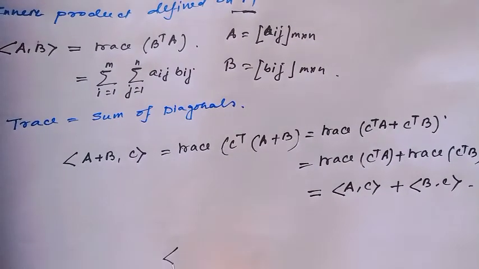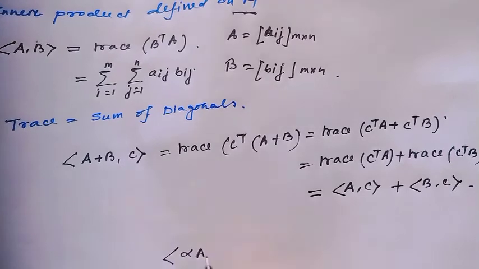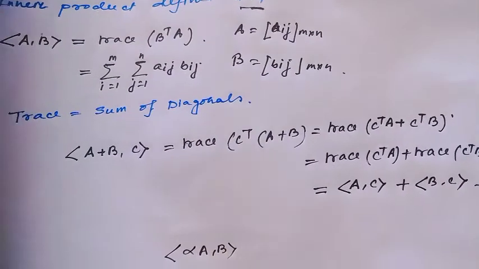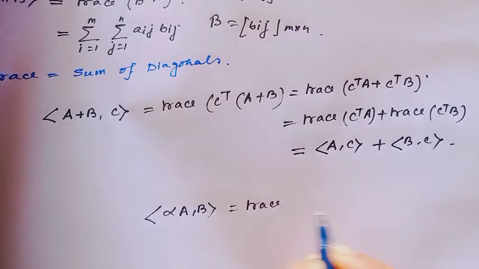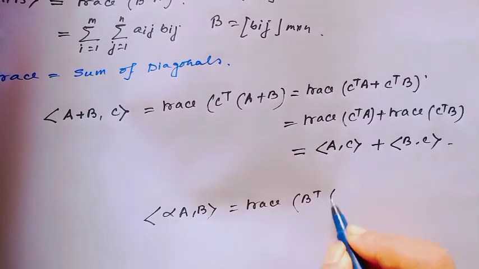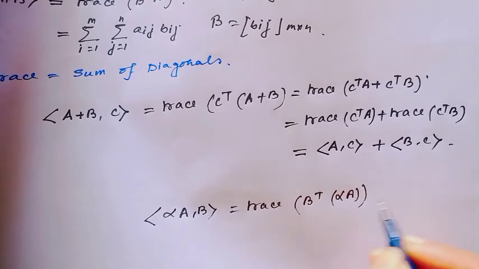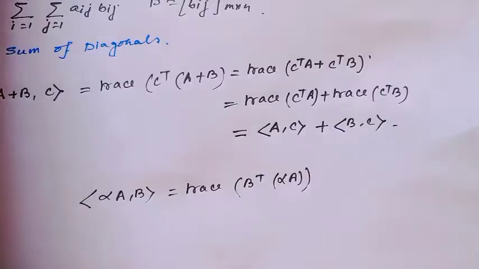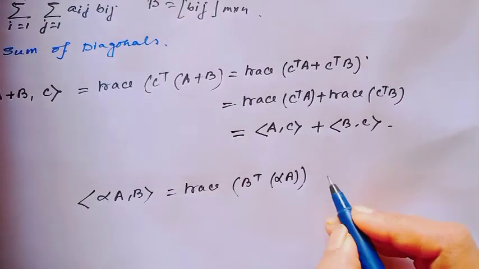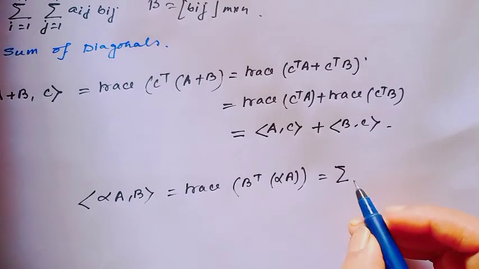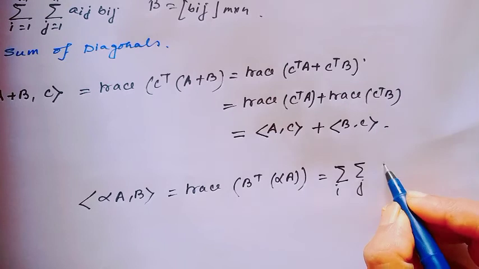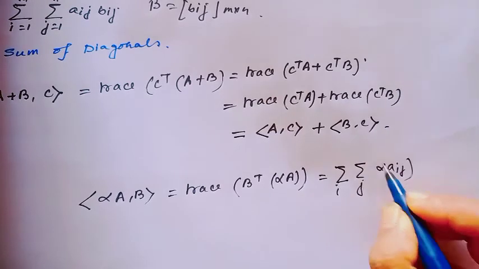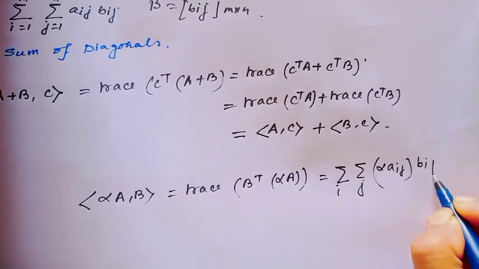Second property, the inner product of alpha A comma B. By the defined function, this is equal to trace of B transpose alpha A, which is actually summation over i, j of alpha aij times bij.